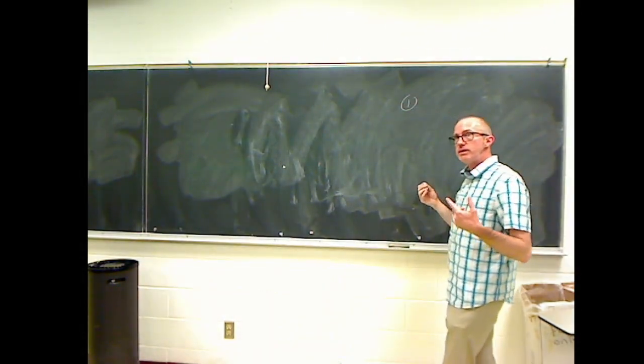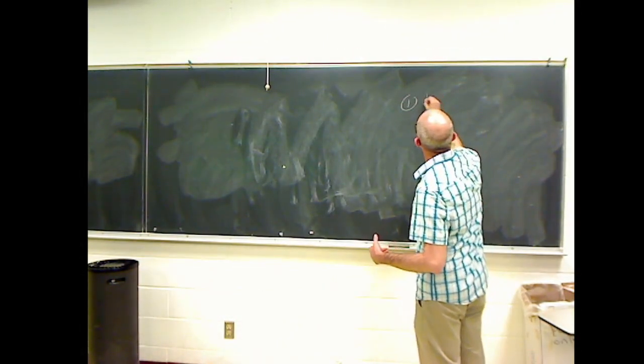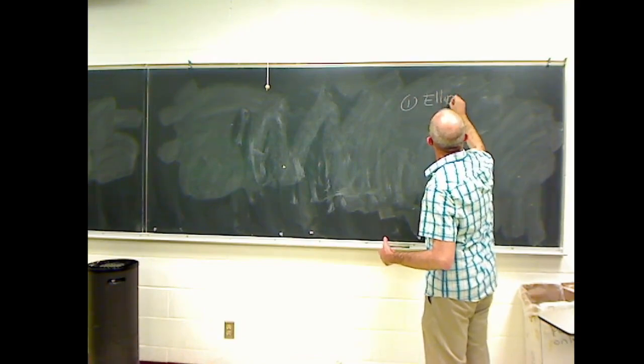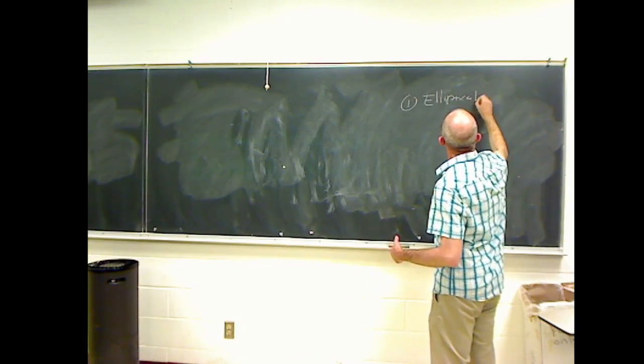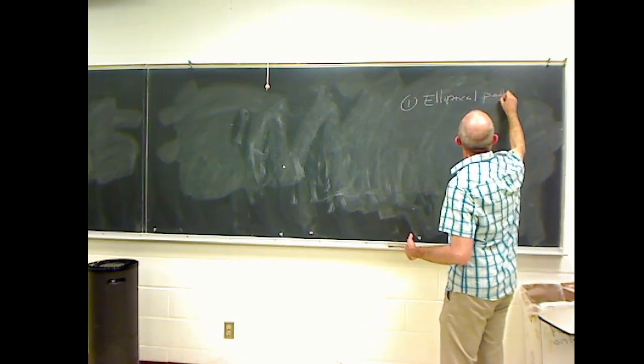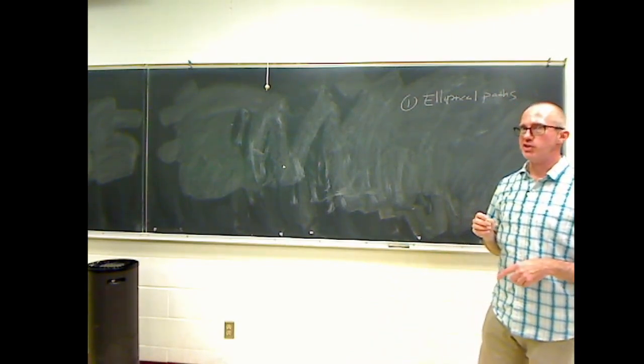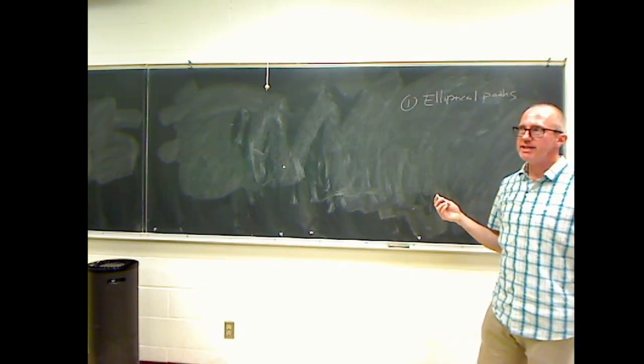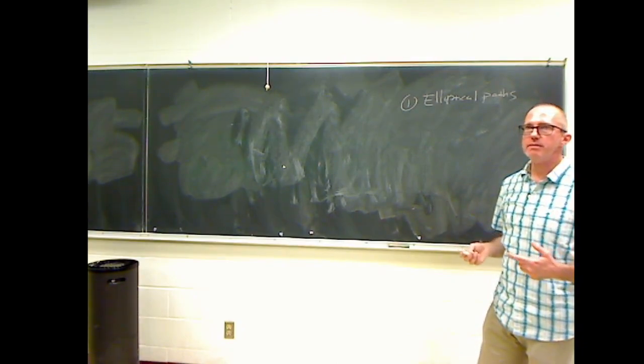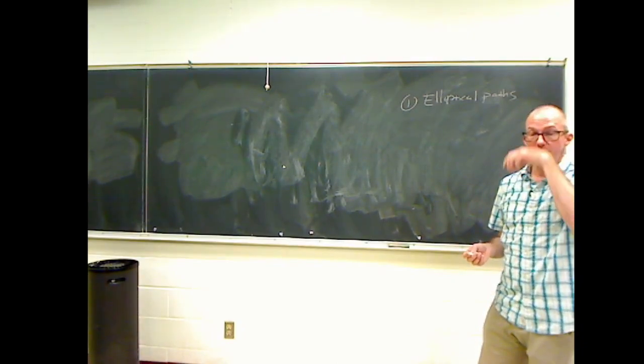Planets follow elliptical paths. Why? I'll show you. Mostly, it's because of the exchange of kinetic and potential energy. It's because it's an oscillator.